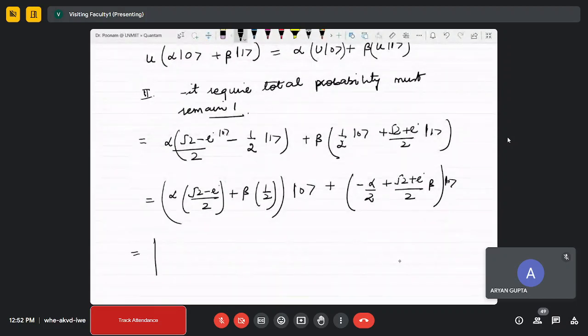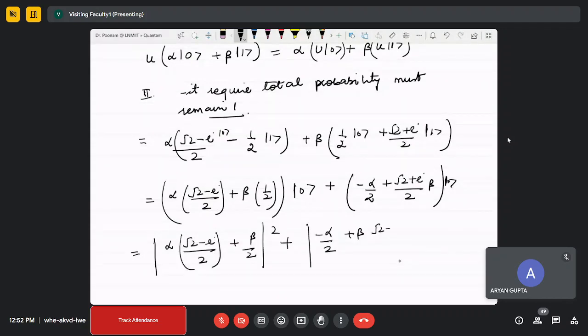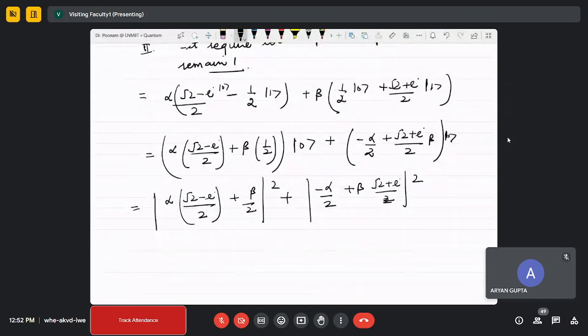So simply, for this, take the norm: amplitude multiplied by its complex conjugate.